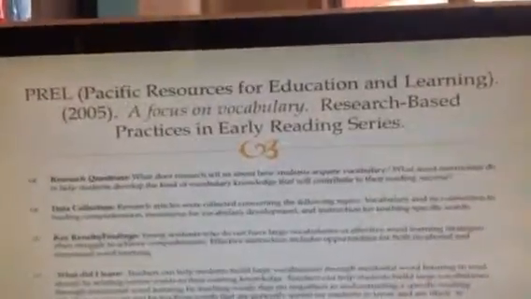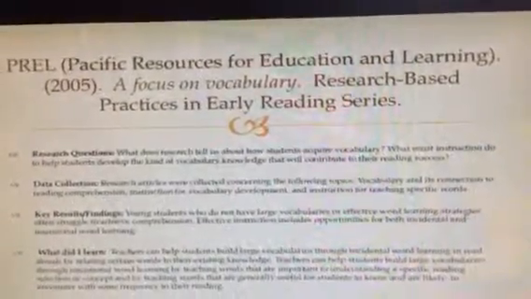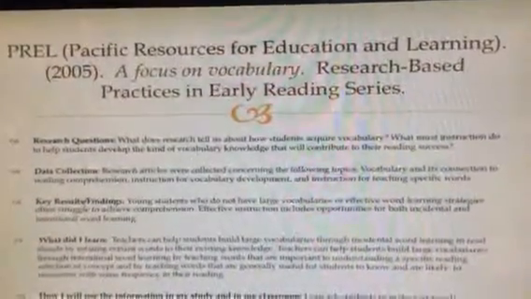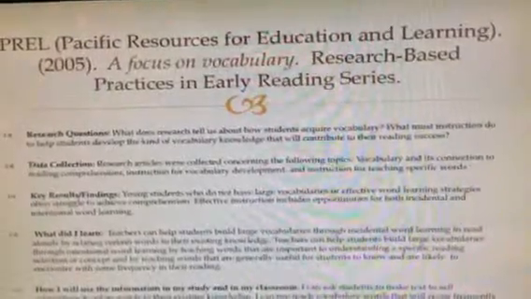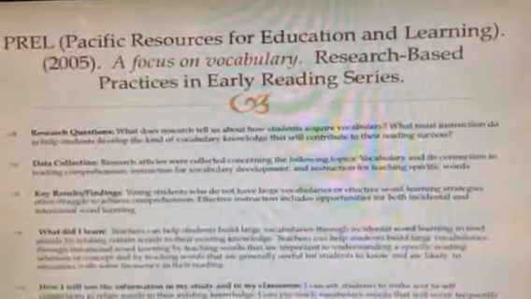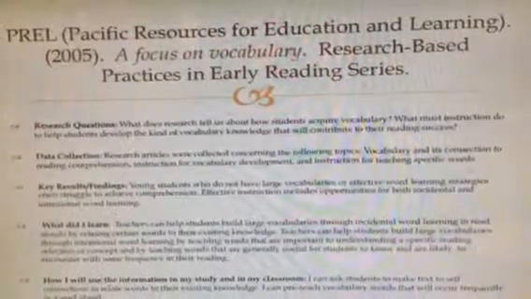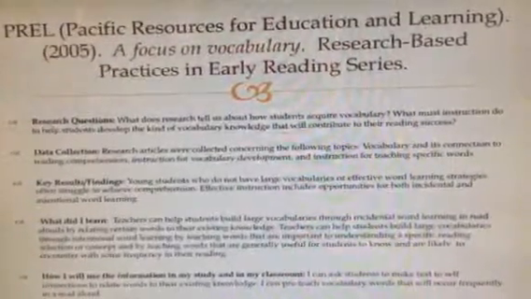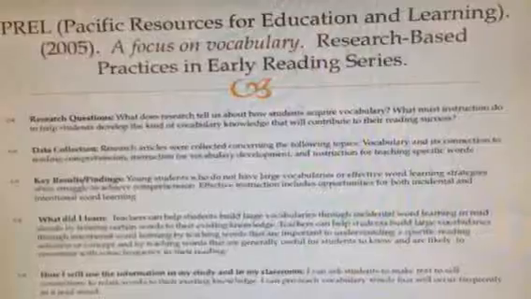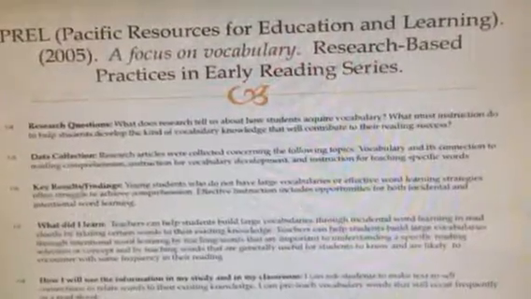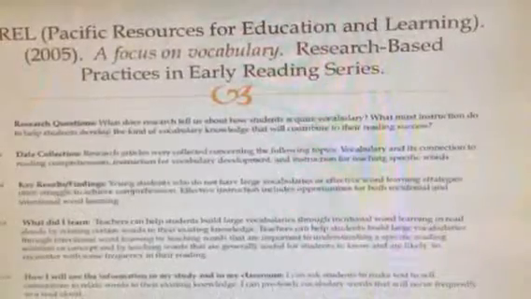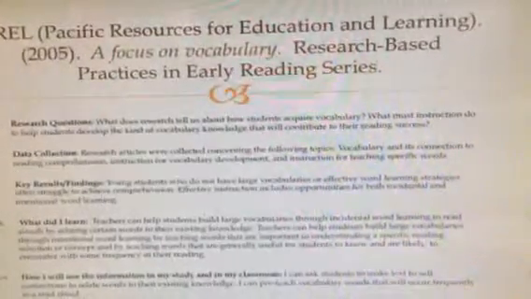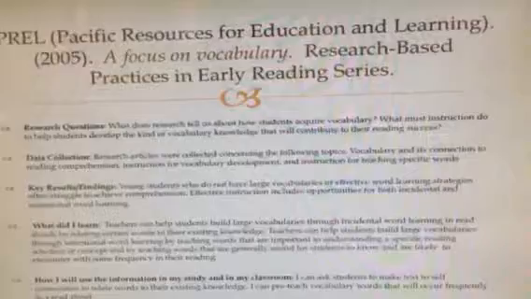The next article I read asked, what does research tell us about how students acquire vocabulary? What must instruction do to help students develop the kind of vocabulary that will contribute to their reading success? Data collected included research articles concerning the following topics: vocabulary and its connection to reading comprehension, instruction for vocabulary development, and instruction for teaching specific words.